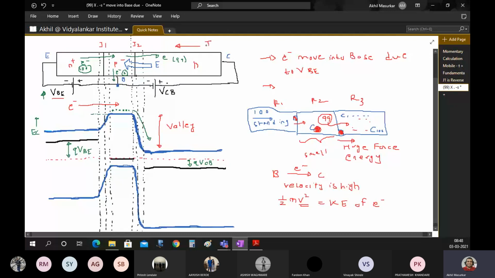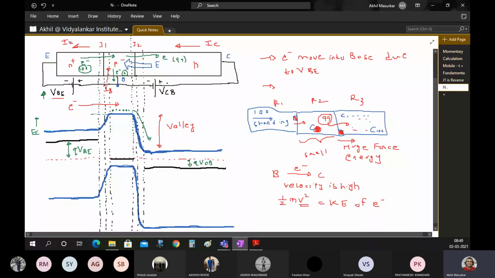So I will call this IC. If the electrons are moving downwards inside the base, then my IB will flow like this. So this is going to be IB, and electrons are flowing from emitter into the base, so the emitter current would be from base to emitter.